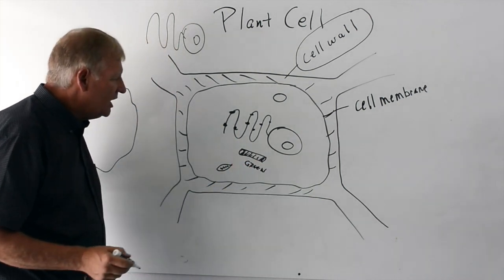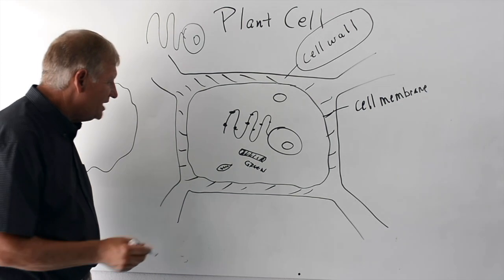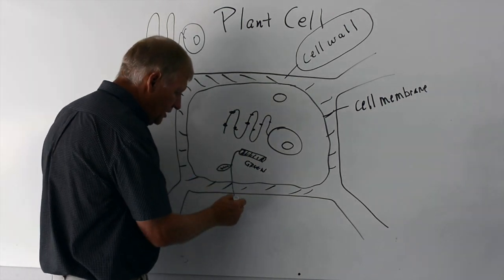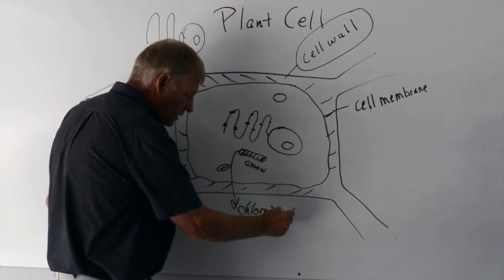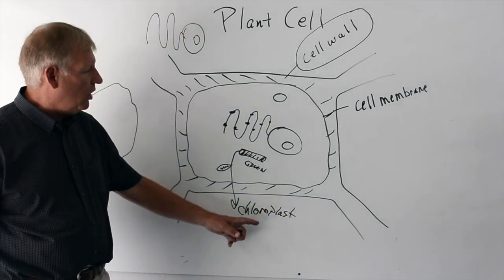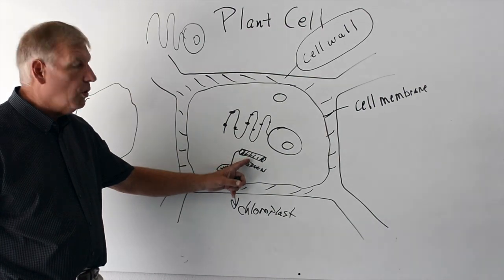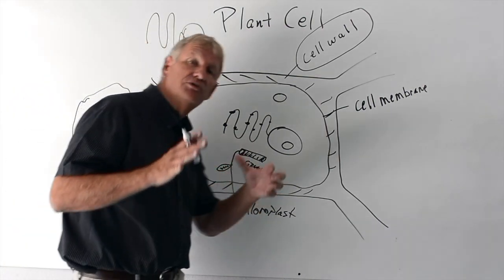I don't know if you know what that is, but that's actually called the chloroplast, C-H-L-O-R-O-P-L-A-S-T. The chloroplast is what actually absorbs the light.